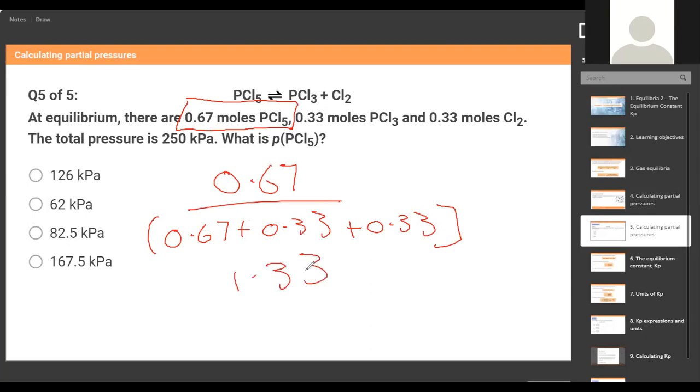So 0.67 divided by 1.33 would give us a mole fraction of 0.504. Now, we just need to multiply that by our total pressure, which is 250, which gives us the answer of 125.9, which would be our 126 answer.